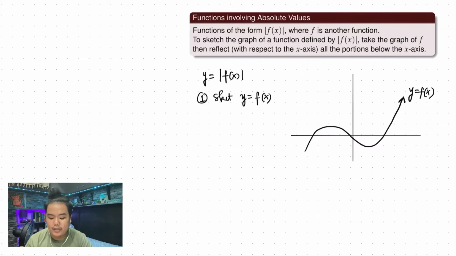Pag nag-graph mo na yung y equal to f of x, magagraph mo yung y equal to the absolute value of f of x. Ano bang ginagawa ng absolute value? Lahat ng negative, ginagawa niyang positive. So, yung ilalim na part na to, ire-reflect mo about the x-axis.